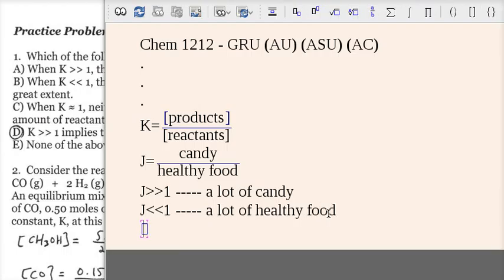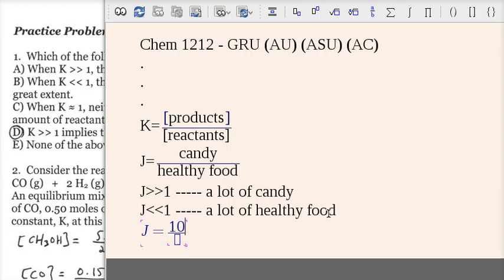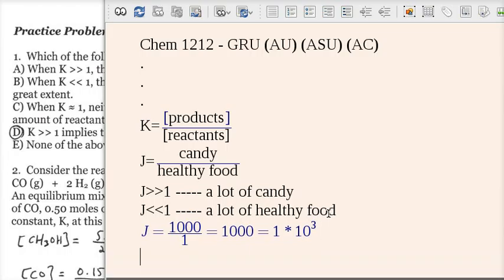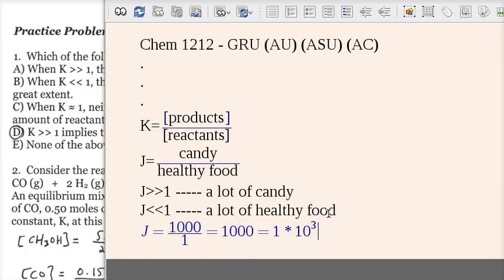Just to make sure we understand this, I'm going to invent some numbers here. How about if there are 1,000 pieces of candy and 1 piece of, I don't know, broccoli? Then that's 1,000. Or if you wish to have scientific notation. So there's that. And then if we have J is, let's say there's exactly the opposite.